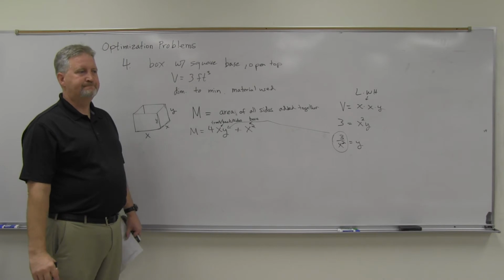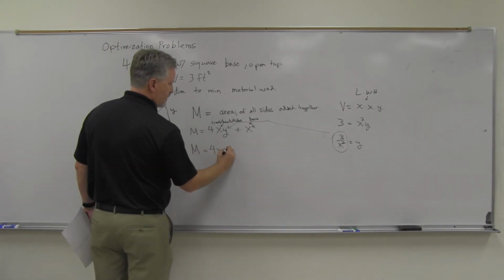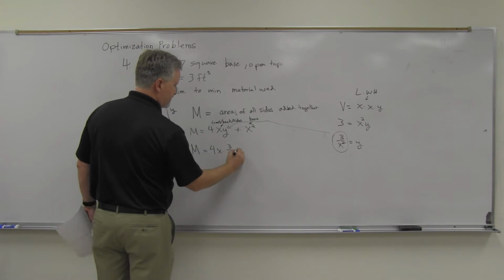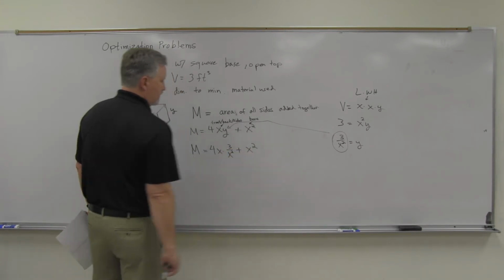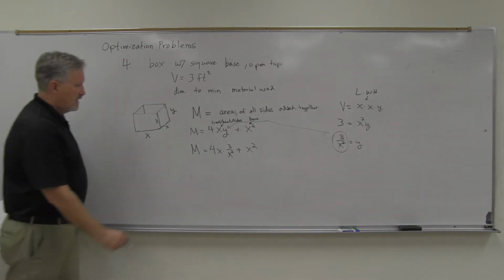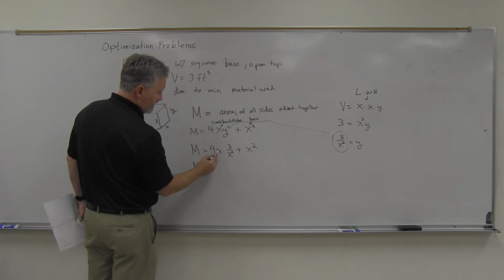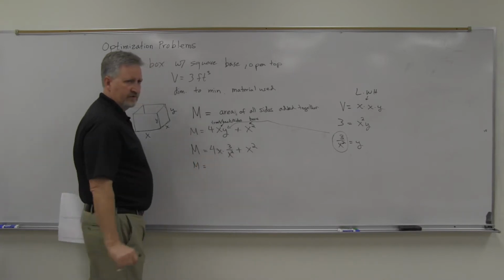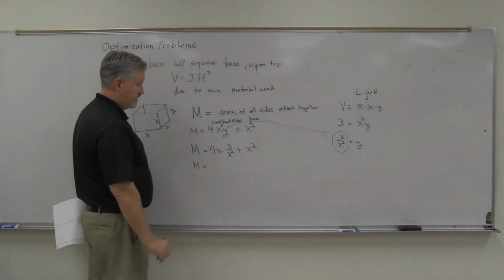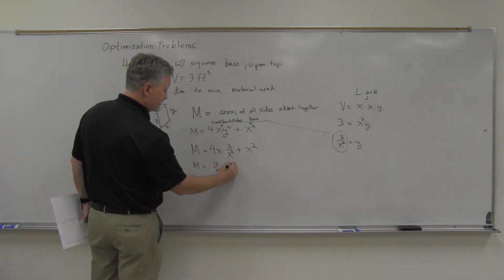Same old thing. We've got m equals 4x times y, and y is 3 over x squared. Substitute that in. Now this left part, that x will cancel one of the x's in the x squared, so wouldn't this be 12 over x plus x squared?